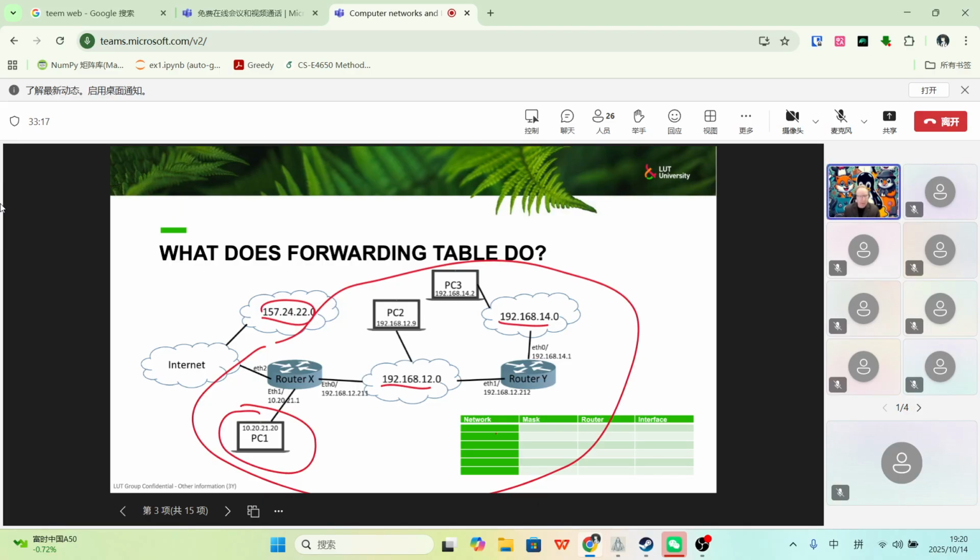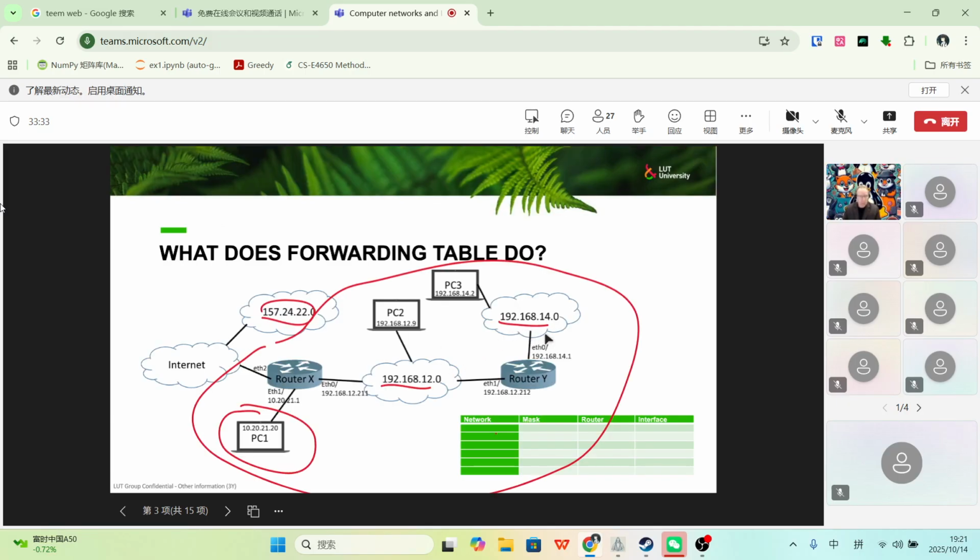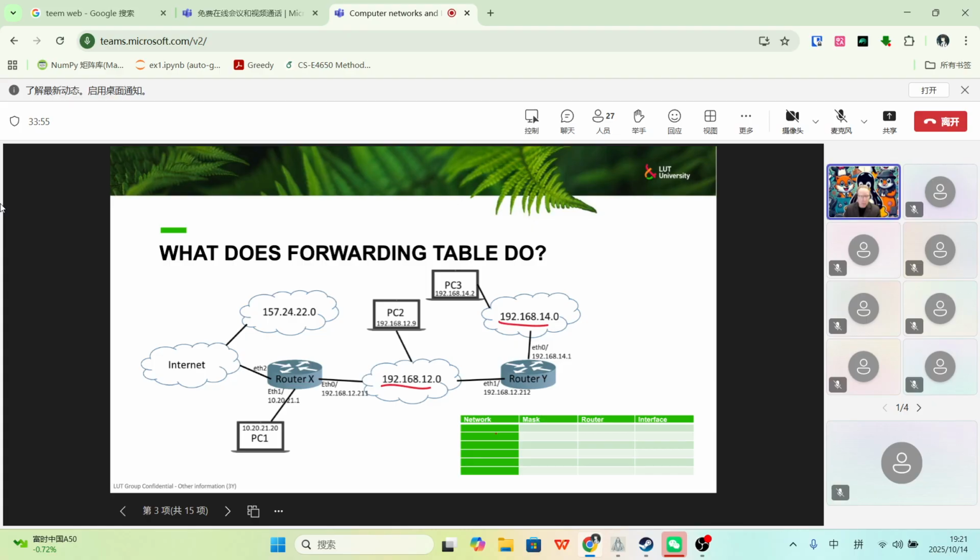So let's see if I can type here. Nope. So the networks that we have to have there are, well, this 192.168.14.0.